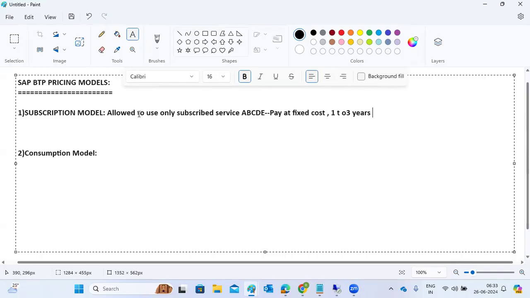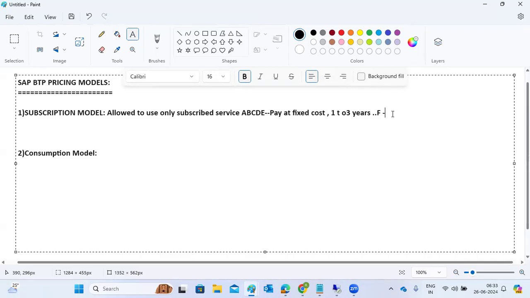Sir, I want to use some other services, E and F service. If I want to use them, then you need to separately purchase the F service. Subscribing to additional services sometimes ends up in paying more money. So here we will get the support, but you will get only the subscribed services.